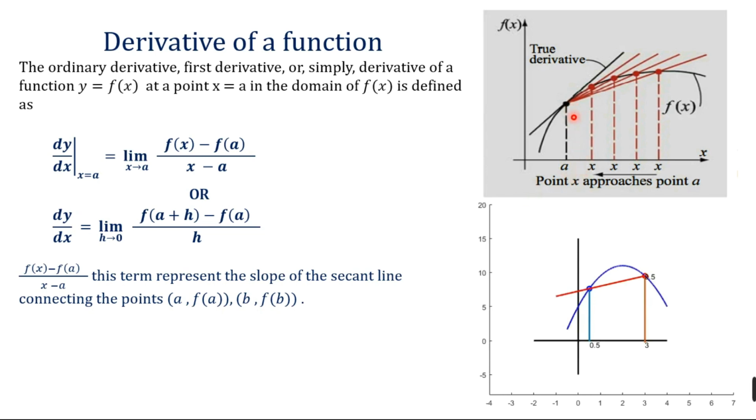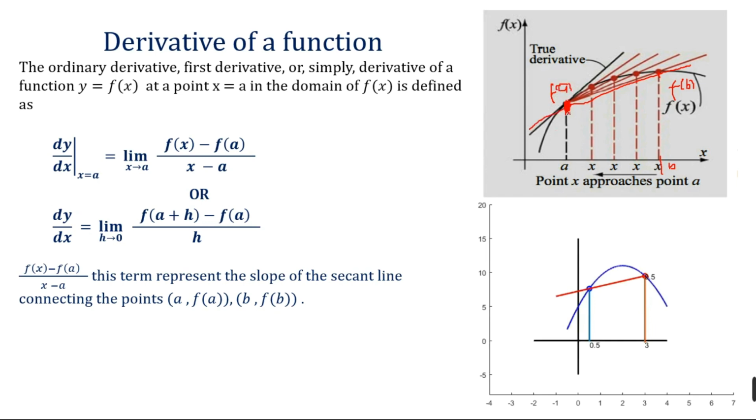So here we have a secant line, and here we have a point b, and corresponding to b we have f of b. And this is the point a, and the corresponding point is f of a.